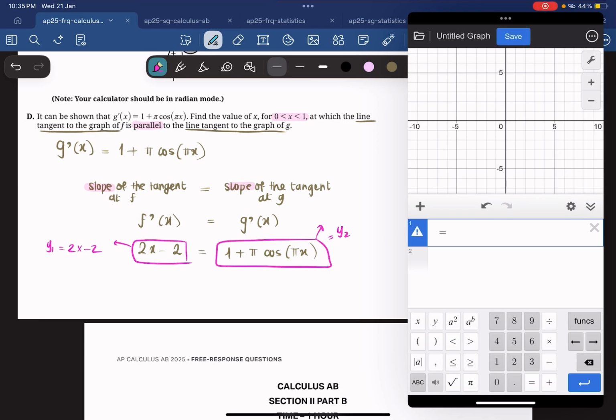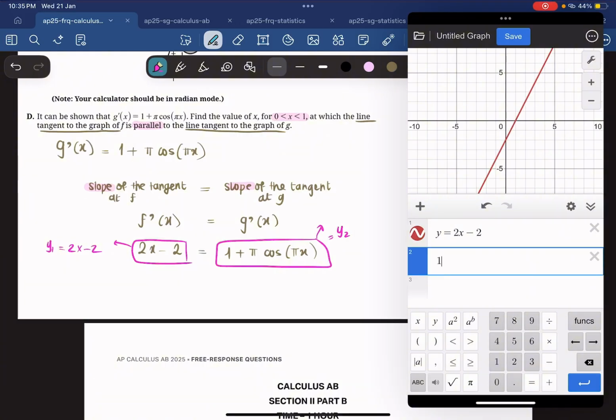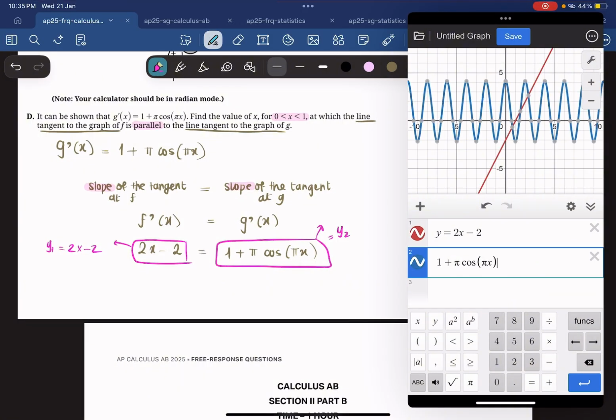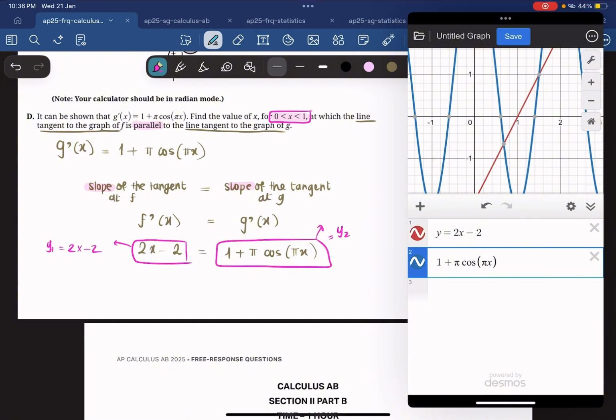Okay, so we're going to type it in Desmos. y equals 2x minus 2 and 1 plus pi cosine pi x. Okay, and our value x should be between 0 and 1. So we zoom in.